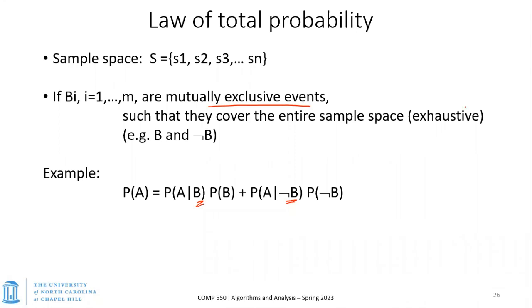And they're also exhaustive. In other words, 1, 2, 3, 4, 5, 6 cover the entire sample space. A and A bar also cover the entire sample space.